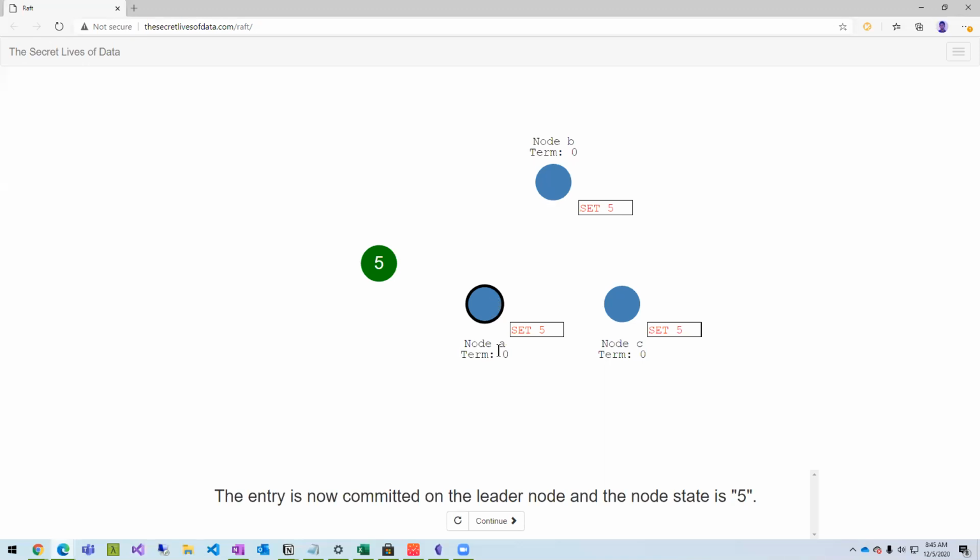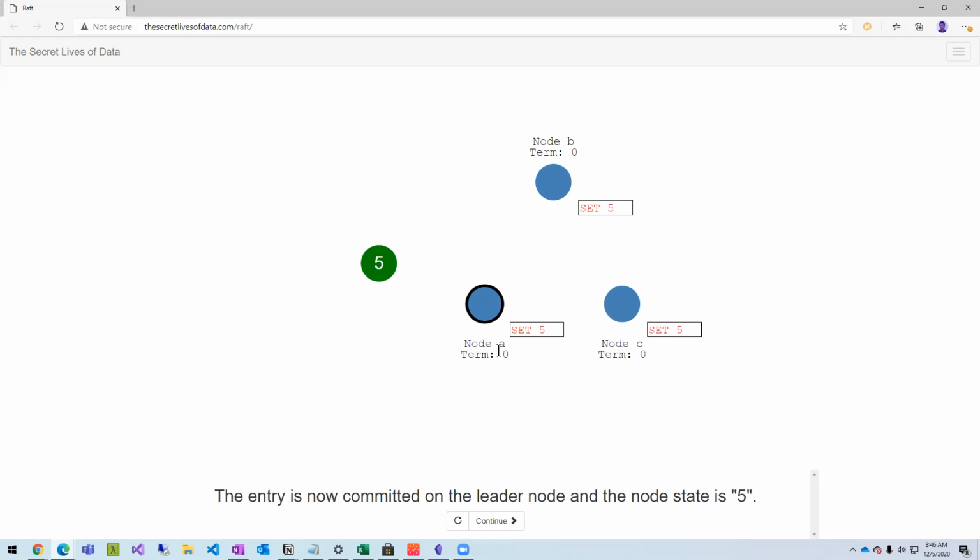What happens to uncommitted values if a leader fails and the uncommitted values are present in the followers? Those uncommitted values are just purged. For example, node A fails, and node B and node C have uncommitted values.